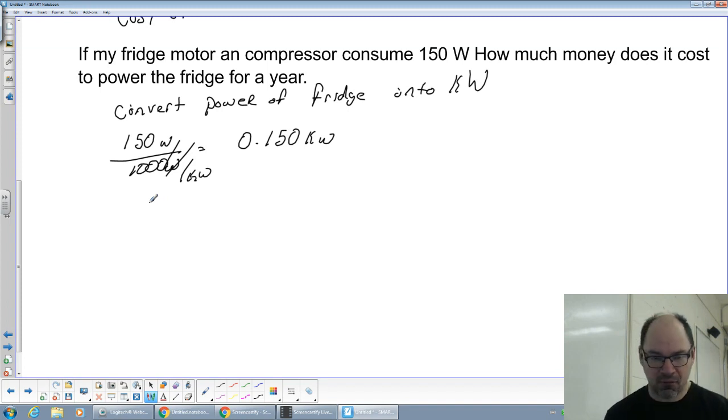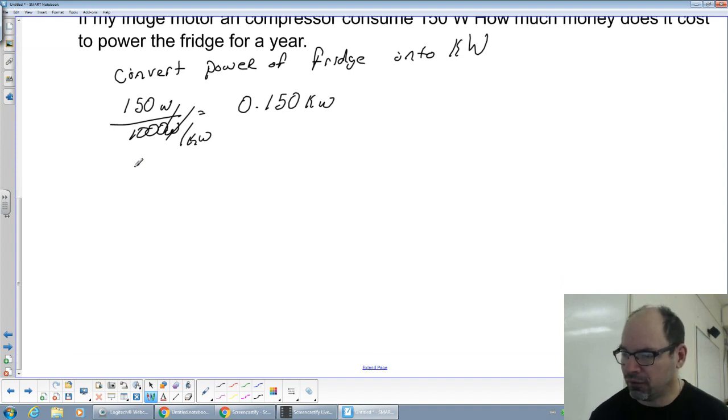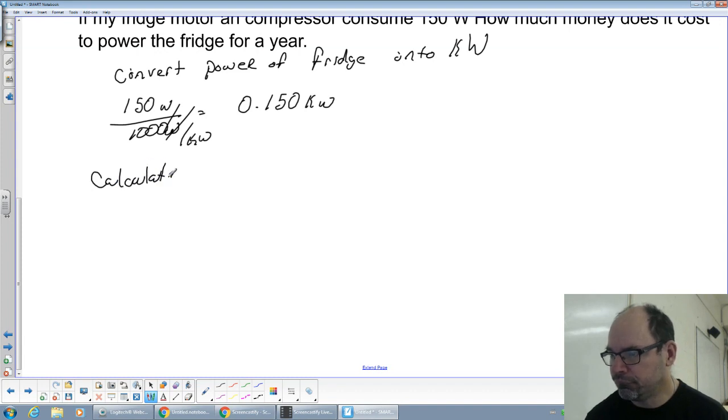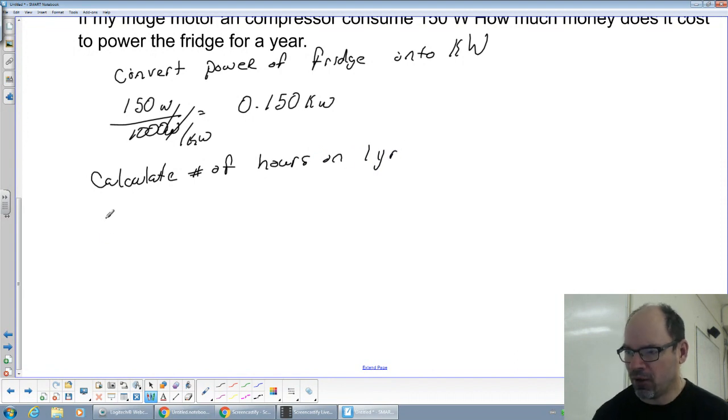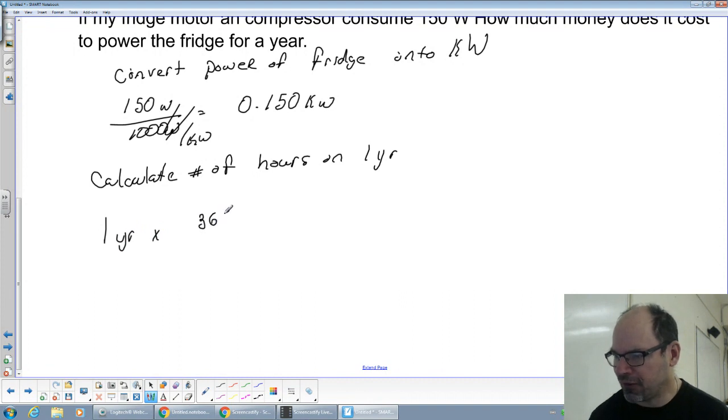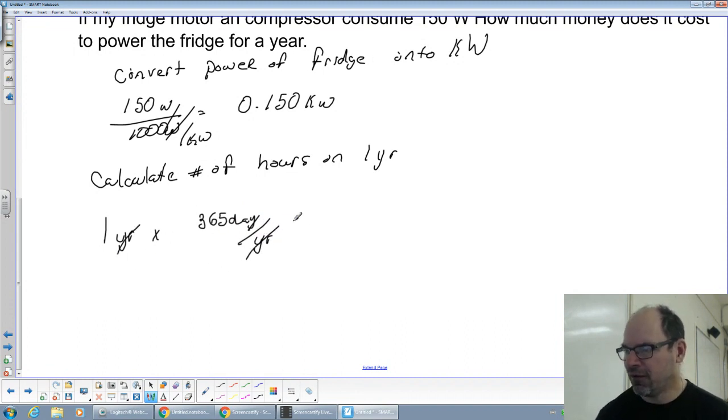Okay, then we have to figure out the time that your fridge would run for a year. So calculate the number of hours in a year, because we want kilowatt hours, right? Okay, so 1 year times 365 days per year, so that cancels out, times 24 hours in a day.